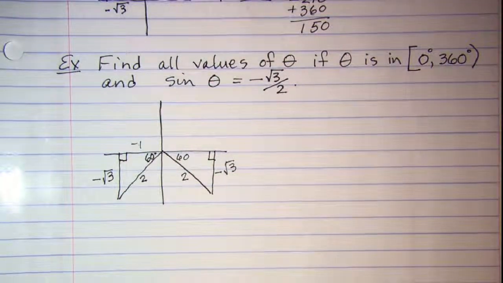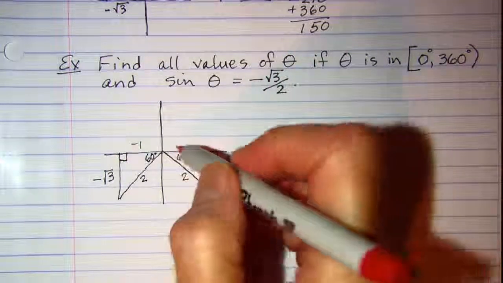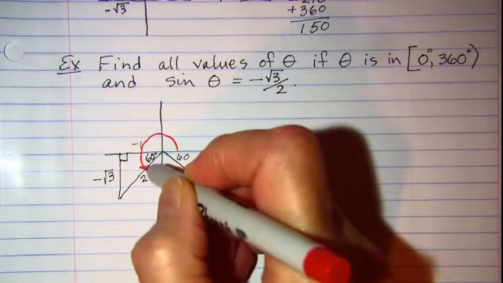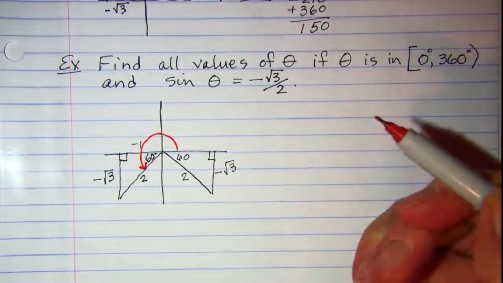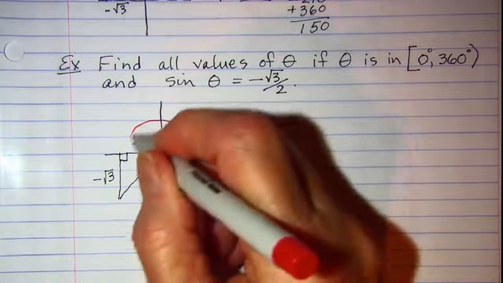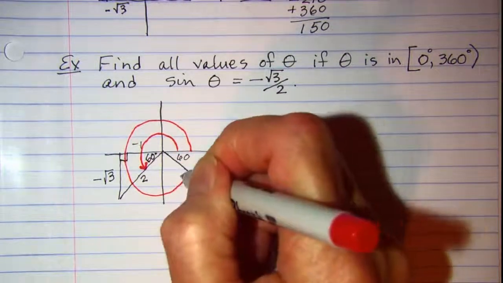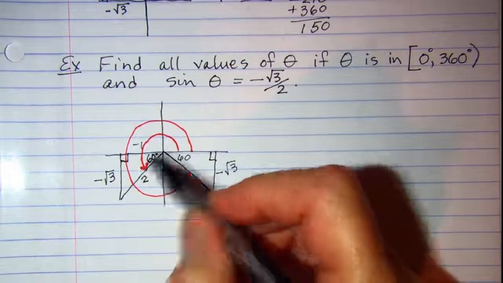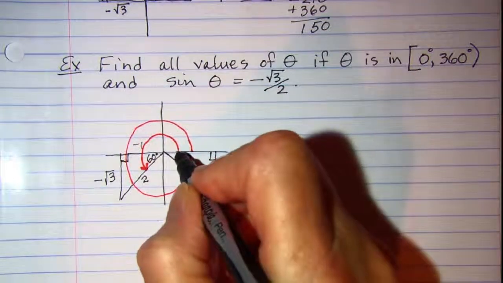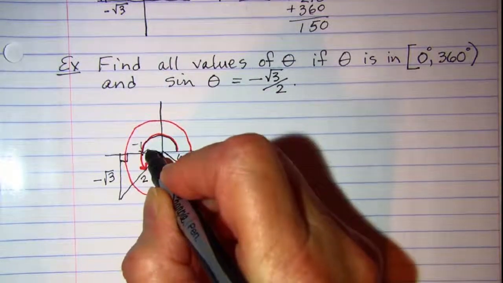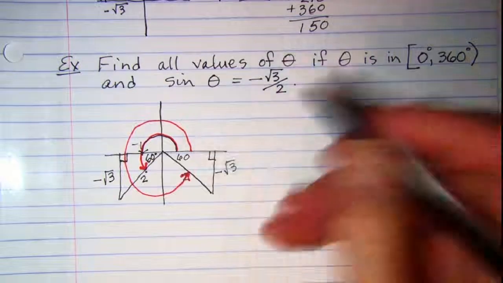So to answer the question on this problem, I need to find the angle that has a reference angle of 60 there, and then also here. Well, for the smaller one here, I can see that if I just take 180, that goes to here, and then add my 60 on.